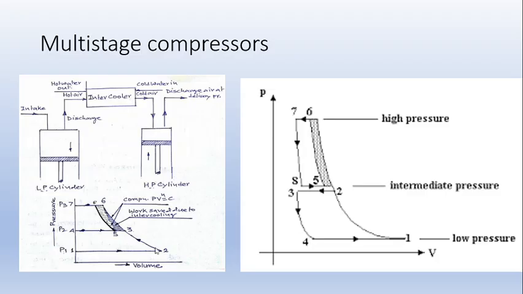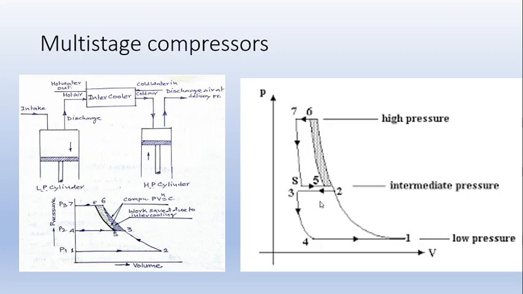The compression process is normally assumed to be a polytropic process, that is PV raised to n is a constant. In this figure, two PV diagrams are separated.